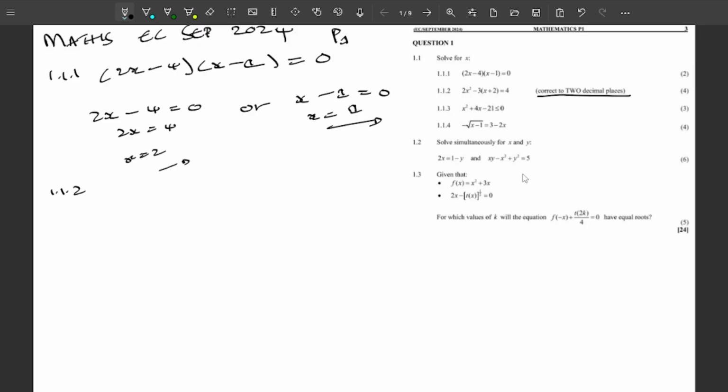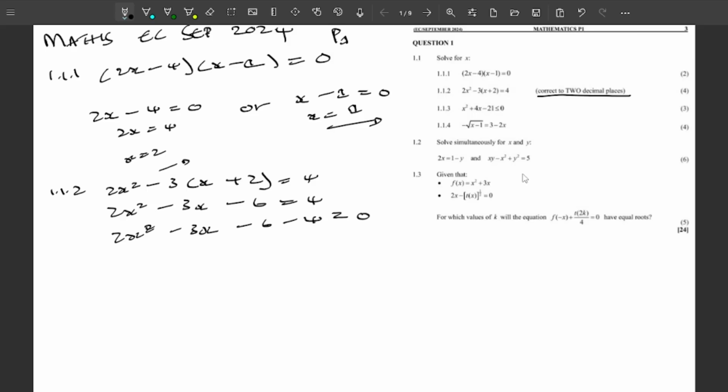Firstly, we have to simplify everything and put it in the correct order: 2x squared minus 3x minus 6 equals 4. From there, we subtract 4 from both sides, and we get 2x squared minus 3x minus 10, which equals 0.